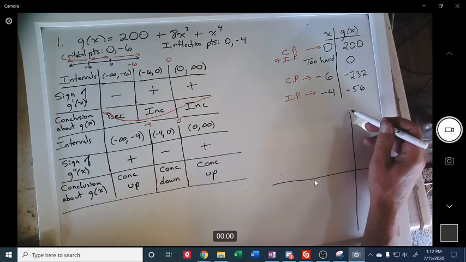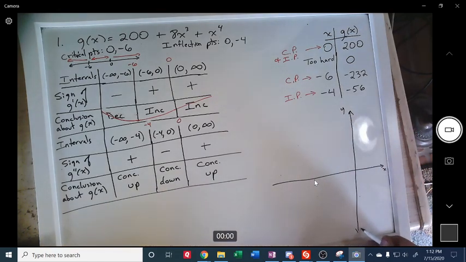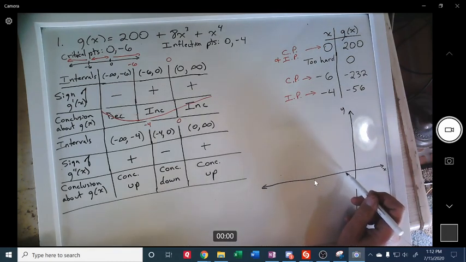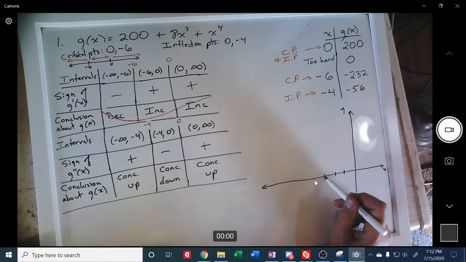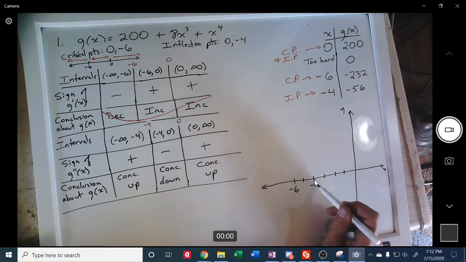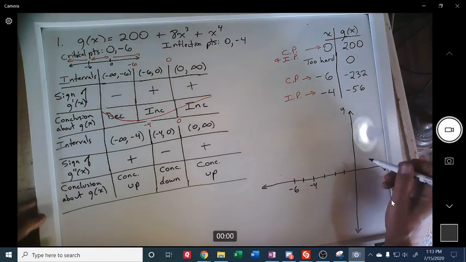So x, y-axis, and I'm going to go negative 4 and negative 6, and I need to go up to about 200 and down to about 230, so let's go by 50s.